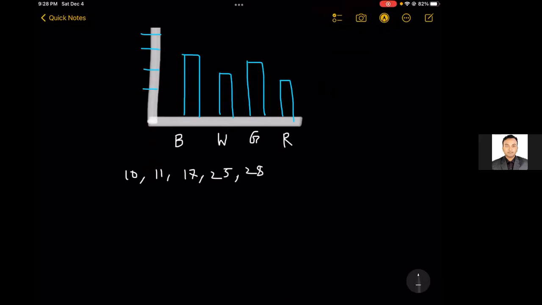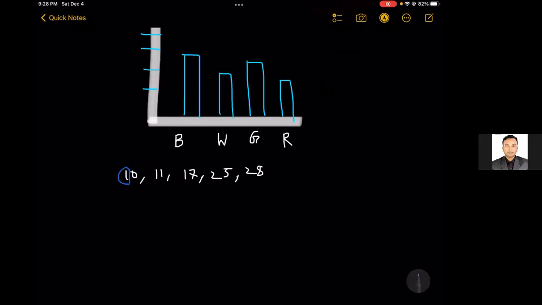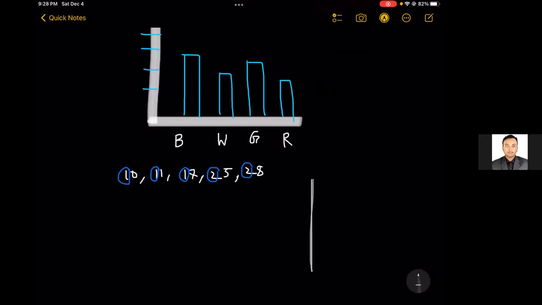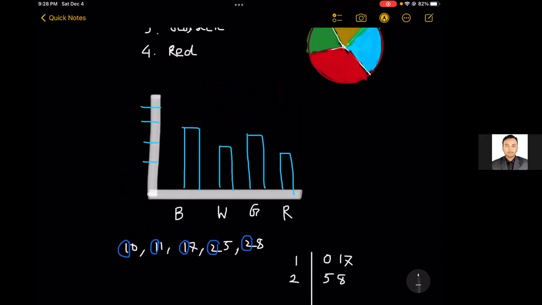If we have values like this, we actually separate the values in the tens and then the values other than the tens position, right? So we actually do something like this. We do 1, and then we have 0, 1, 7, we do 2, then 5 and 8. So if we have a categorical data, this doesn't look like an option for us, right?